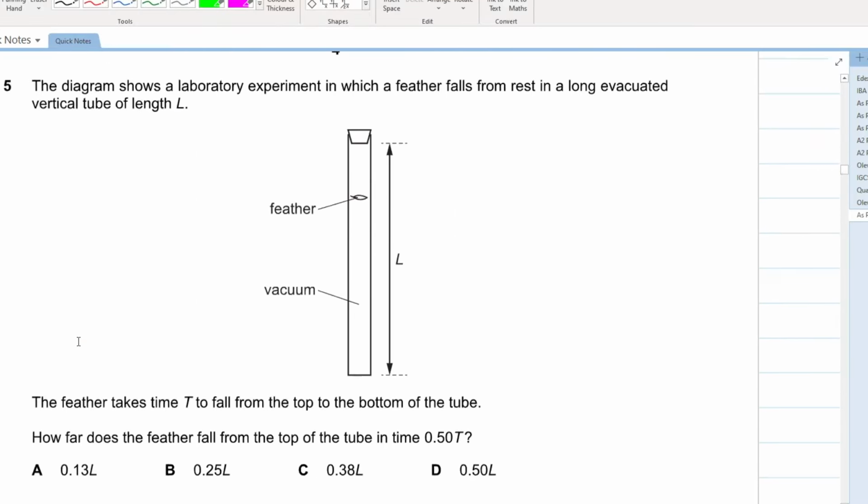Let's see this. The diagram shows a laboratory experiment in which a feather falls from rest, so your initial velocity is zero, in a long evacuated vertical tube of length L. Initially you are starting from zero velocity.